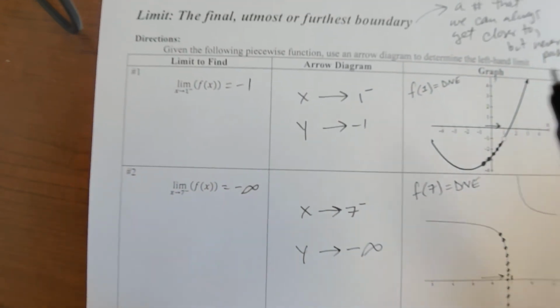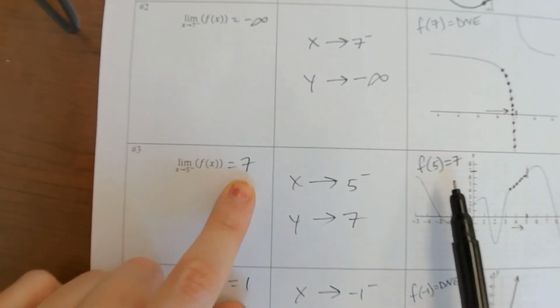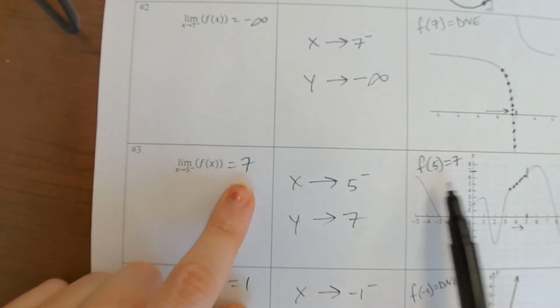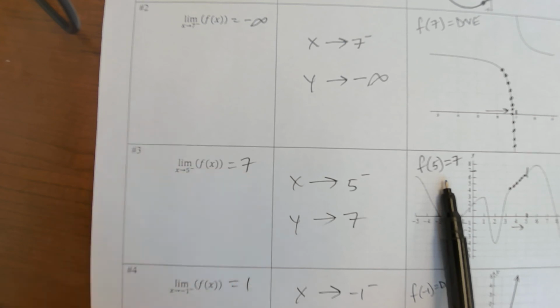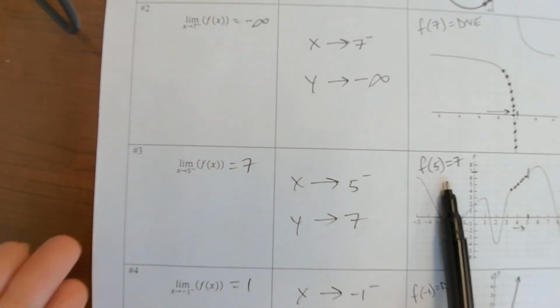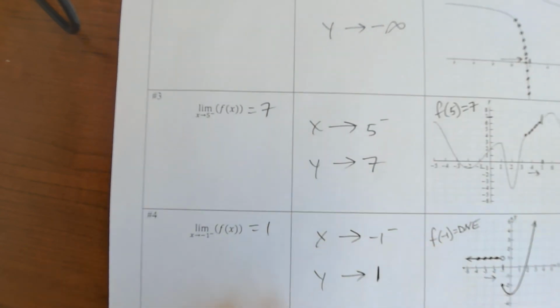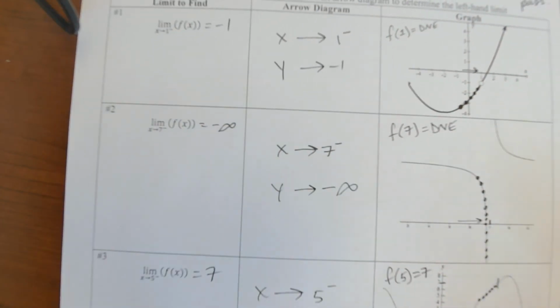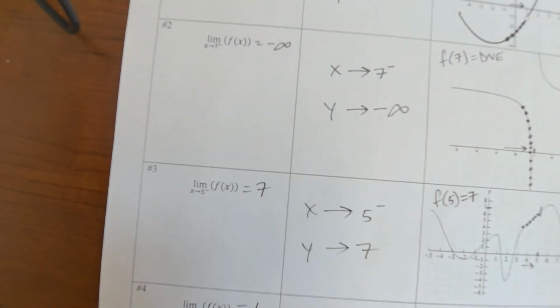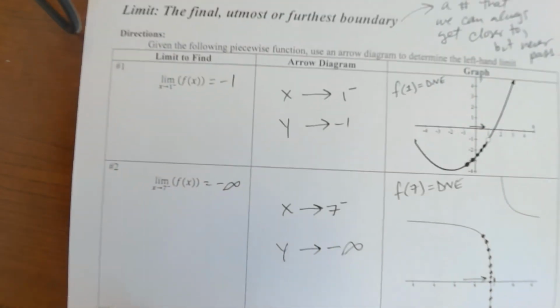But often the limit is going to be equal to the function value at the number we're approaching. And when that happens, it's a certain case that we're going to be studying more in the future. You don't have to do these function value things. I was just doing that for teaching purposes. But there's that, guys. Let me know if you have any questions at all.